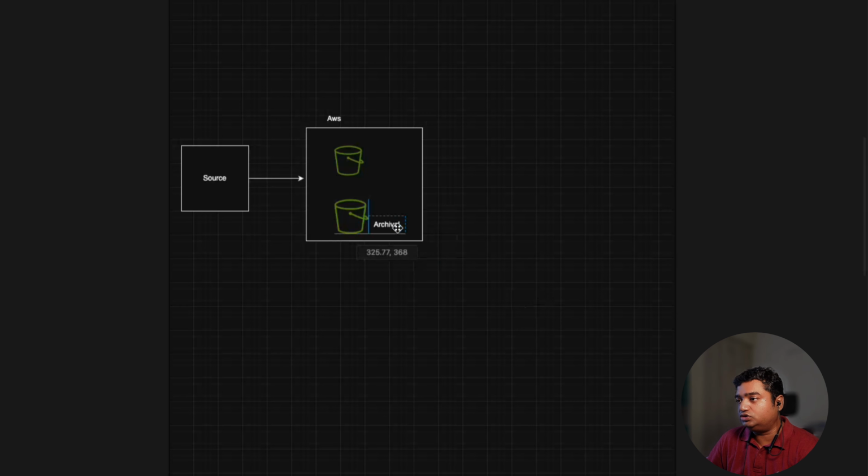Now the second thing is I am going to create the bronze layer here, which will contain the parsed JSON. Means from here I'll write a job which will pull this JSON file, parse it with SQL or with Python, and create it in this bronze layer in a column format.